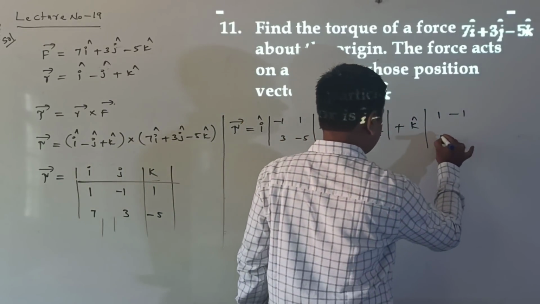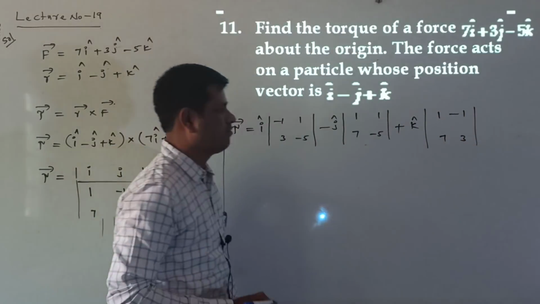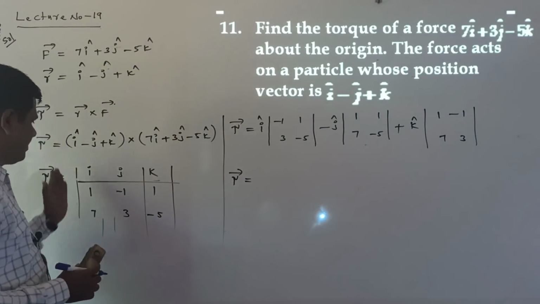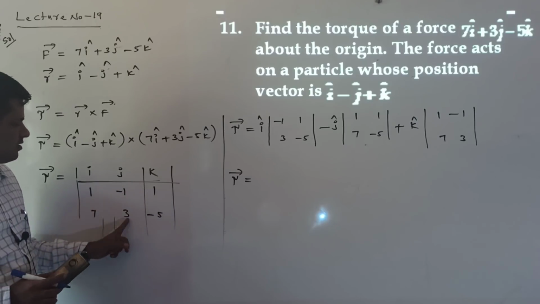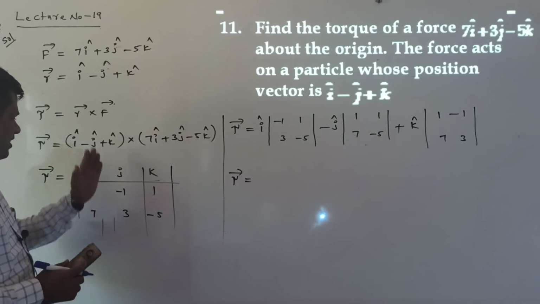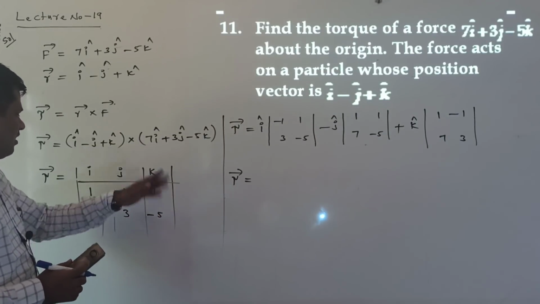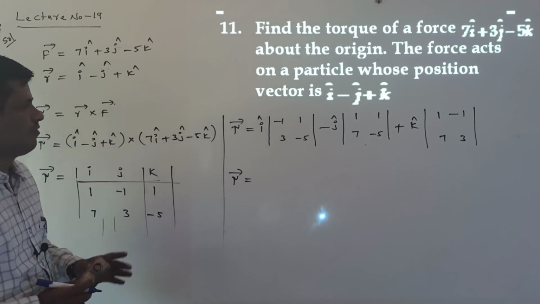So torque is i times (-1, 1; 3, -5), minus j times (1, 1; 7, -5), plus k times (1, -1; 7, 3).